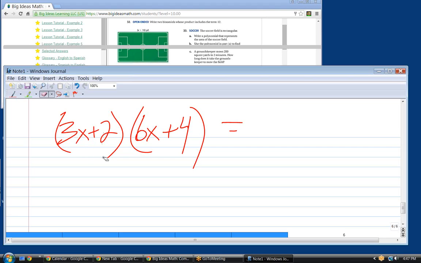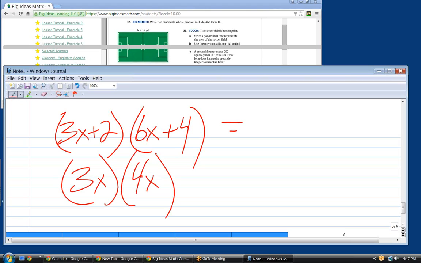I meant put 3x in one pair of parentheses and 4x in another.